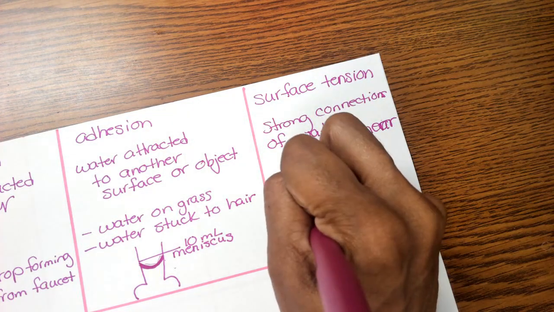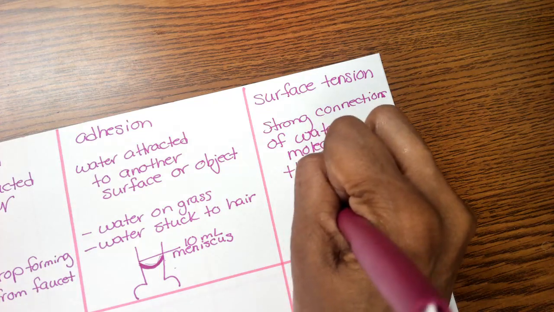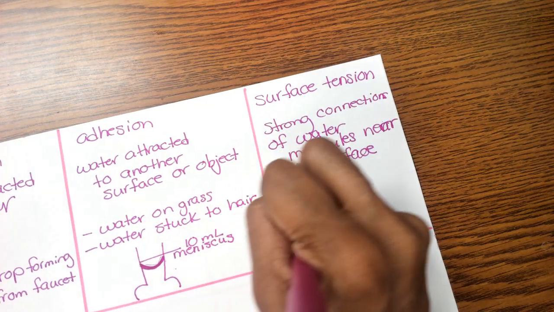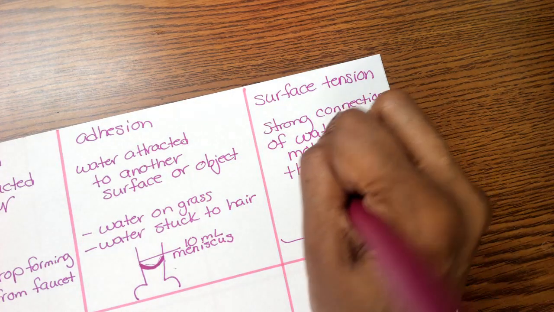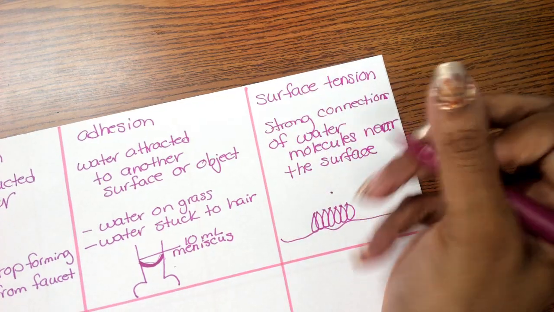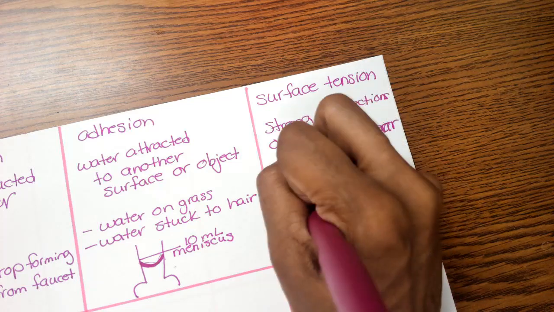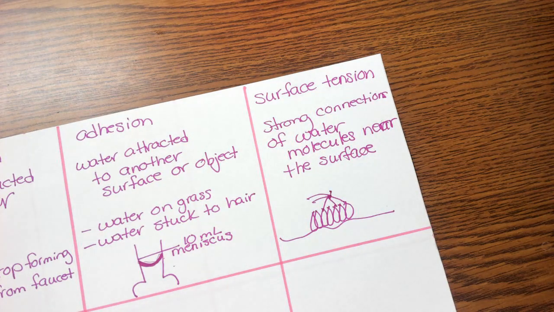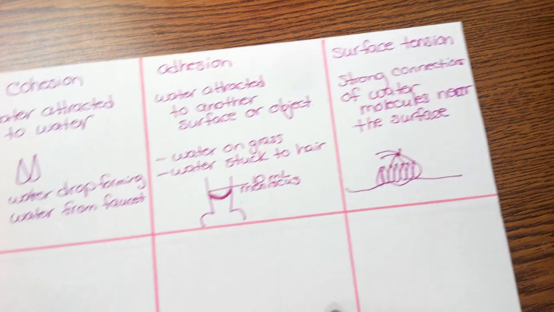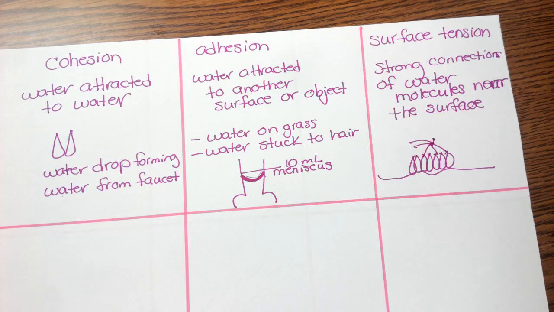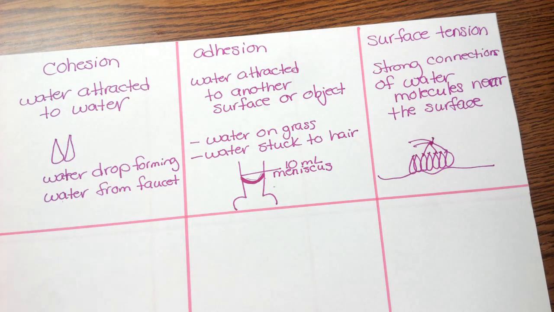Okay, so let's say these are the water molecules on the surface, and that's why the water strider or a bug can walk on water. So that's my bug. Don't laugh at my drawings. Okay, so this would be something that you would definitely want to brain dump.